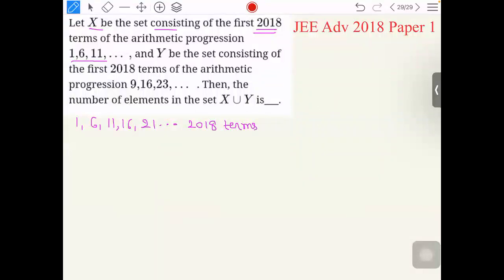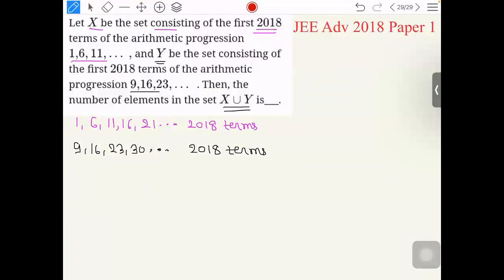Next is 9, 16, 23 is the set Y. So what set Y is 9, 16, 23, 30, and so on. This one is also up to 2018 terms. Then the number of elements in X union Y is.